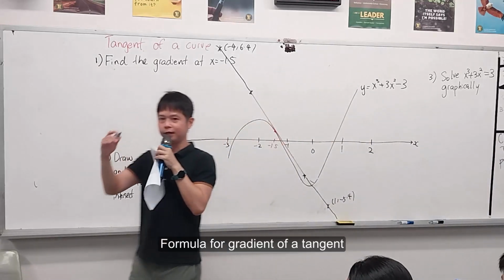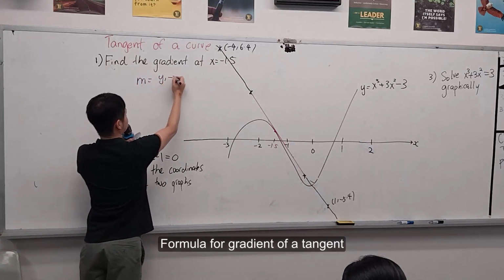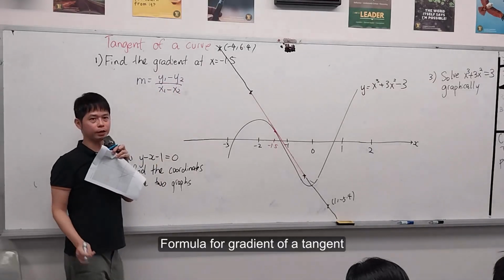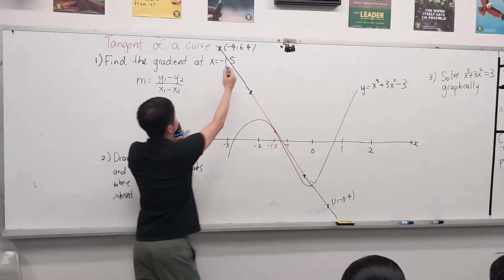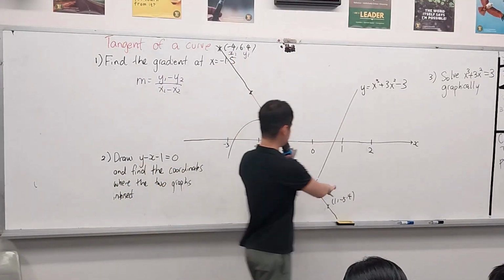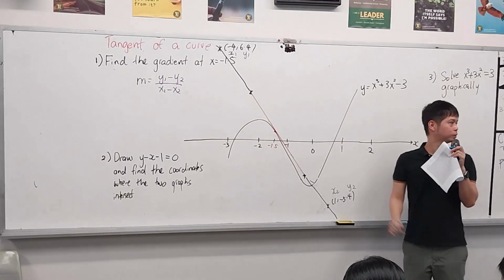Okay, the formula for the gradient is y1 minus y2 over x1 minus x2. Now, what is the meaning of x1, x2, y1, y2? This point here is x1, y1. And the other point that you have should be x2, y2.